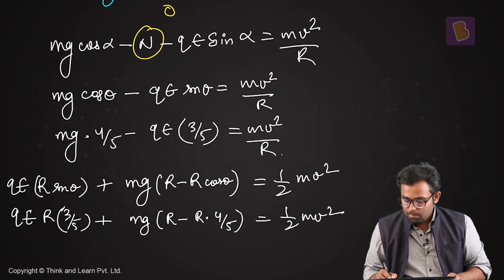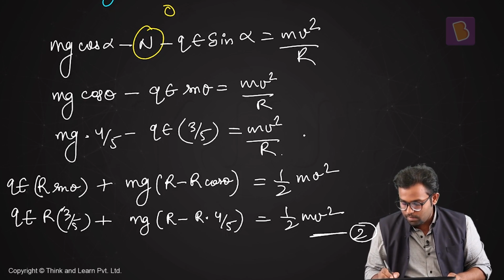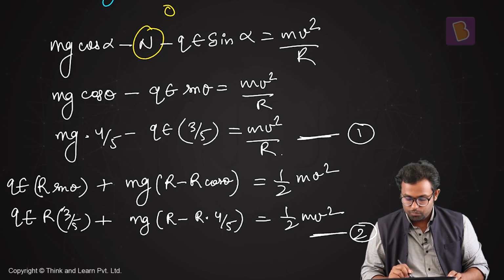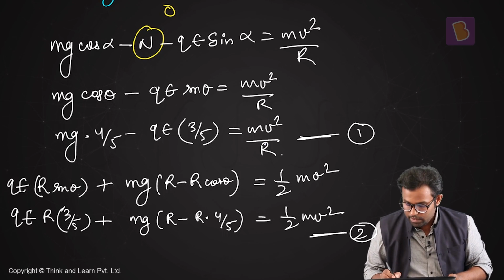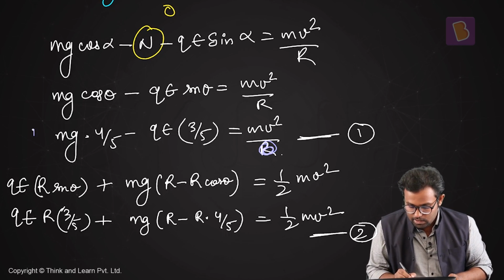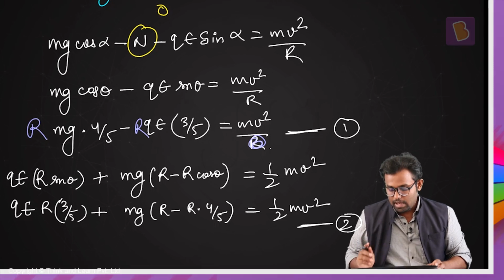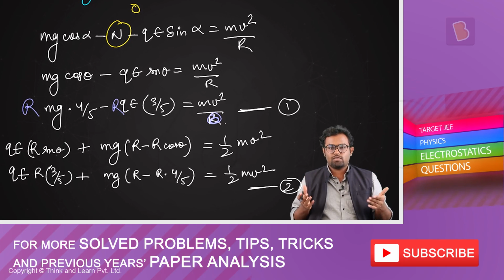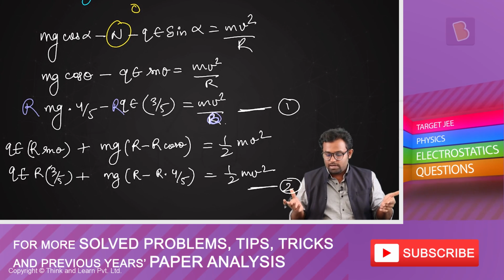Let me call this equation number 2, and let me call this equation number 1. In equation number 1, I can multiply this by r, and I get r over here. Now I want to get rid of the speed, so I can just divide these two expressions.